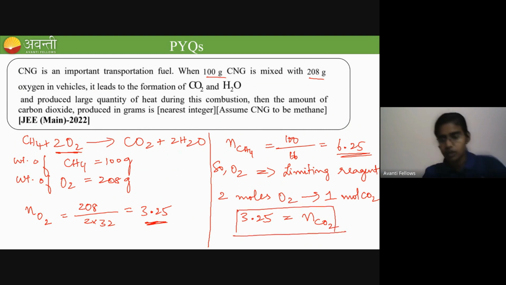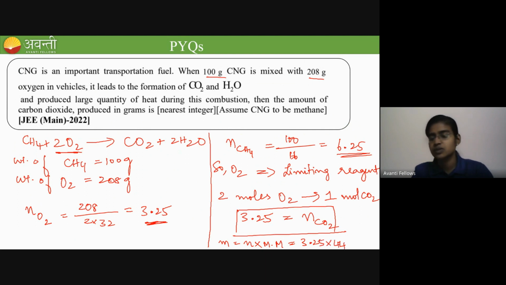Now we all know that number of moles is mass by molar mass, so mass will be equal to the number of moles into the molar mass. Number of moles of carbon dioxide is 3.25 and the molar mass of carbon dioxide is 44, right? For carbon it is 12 and for 1 oxygen it is 16, for 2 oxygen it is 32. 32 plus 12 is 44, and this will give us 143 gram.